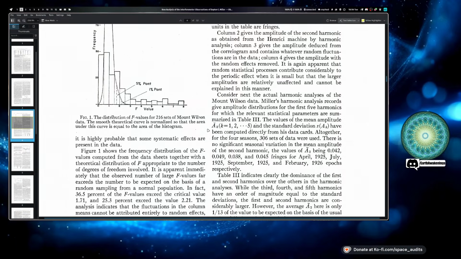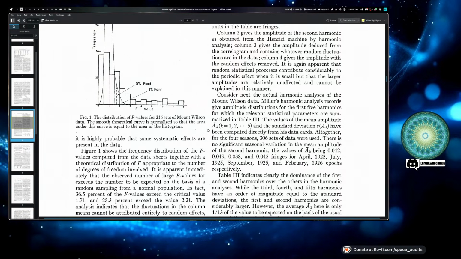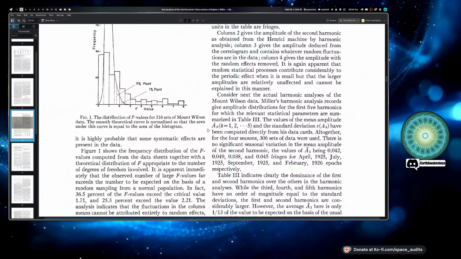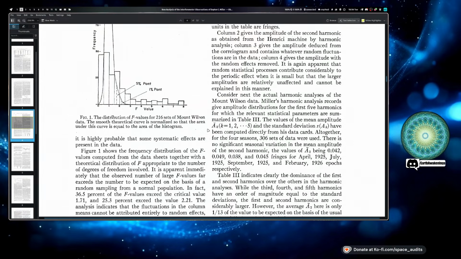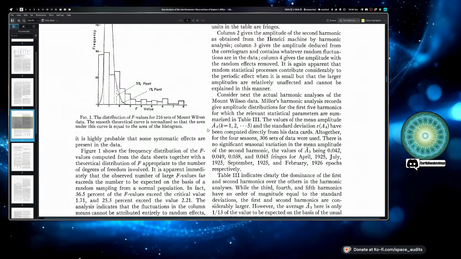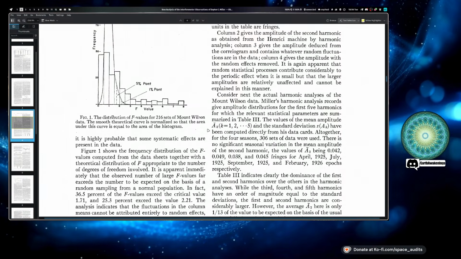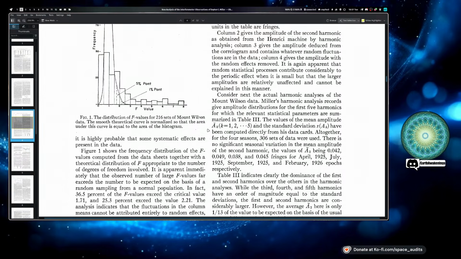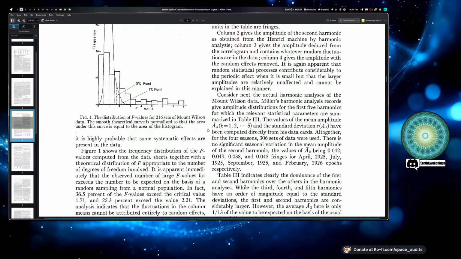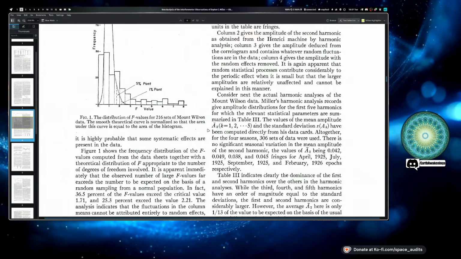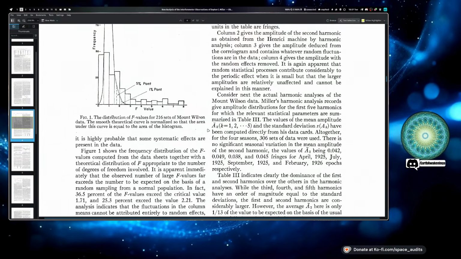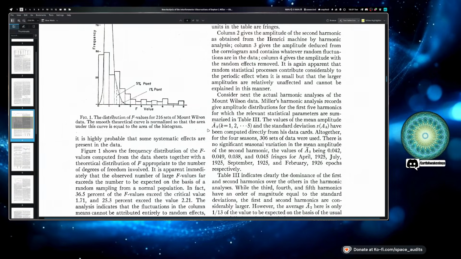Altogether, the 4 seasons, 306 data sets were used. There is no significant seasonal variation of the mean amplitude of the second harmonic. The values of A2 are 0.042, 0.049, 0.038, and 0.045 fringes for the April 1925, July, September, and February 1926 epochs, respectively.